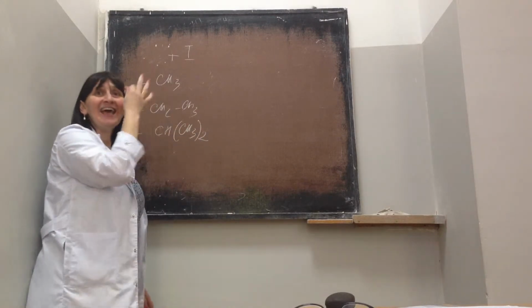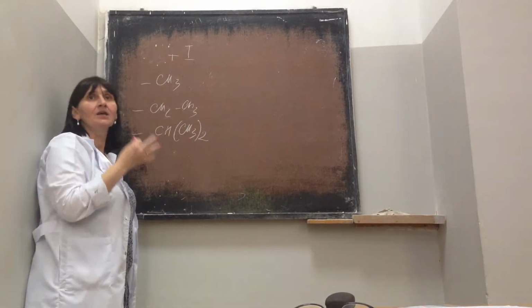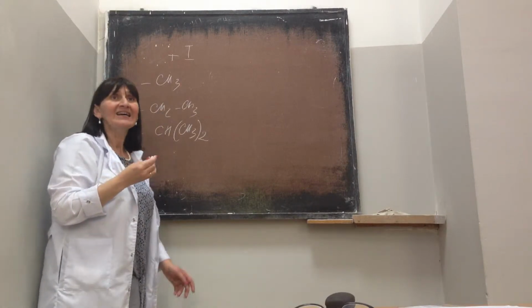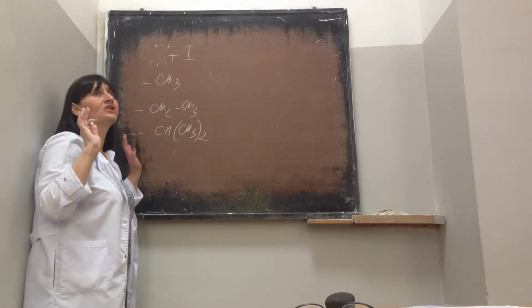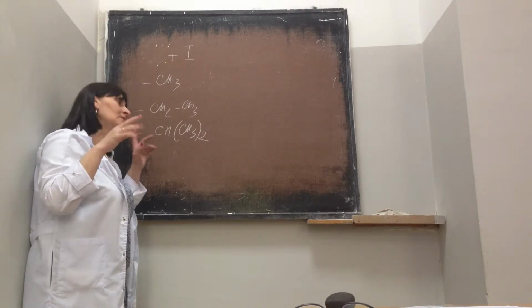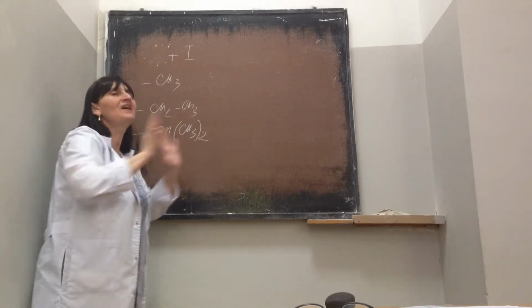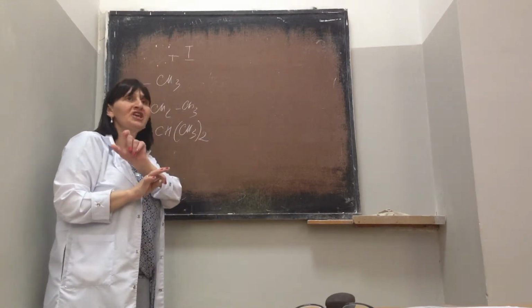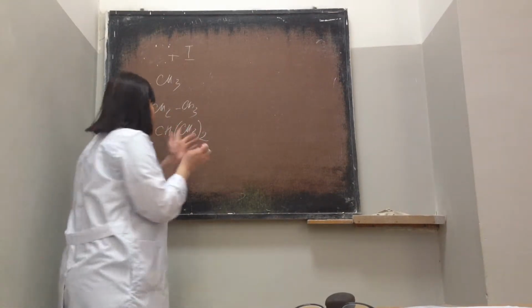Any alkyl radicals, any alkyl groups have a plus inductive effect. What does it mean? They are electron donating groups. They give electron density to the carbon to which they are connected.